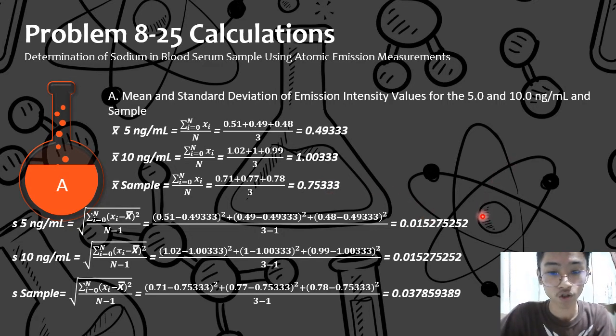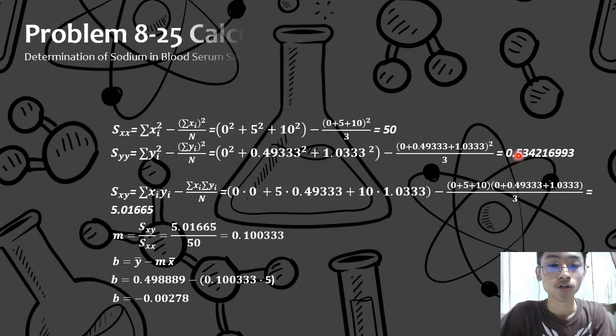For the standard deviation, you can see here that concentration 5 and 10 have the same standard deviation of 0.0152, and the standard deviation of the sample is 0.037859389.